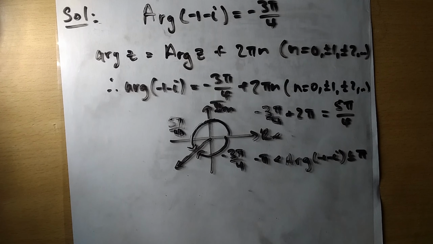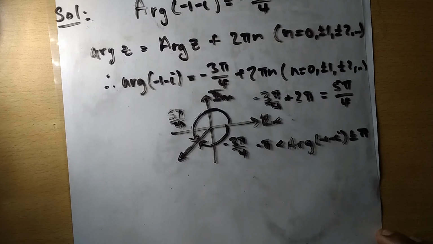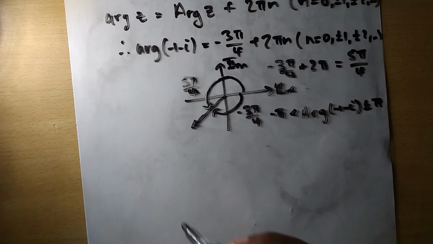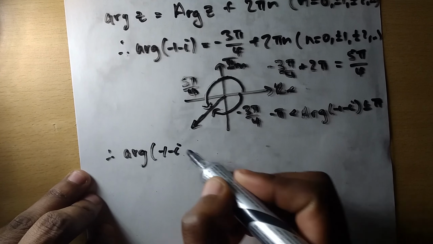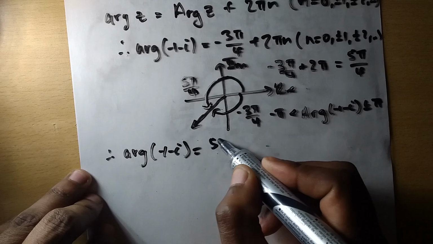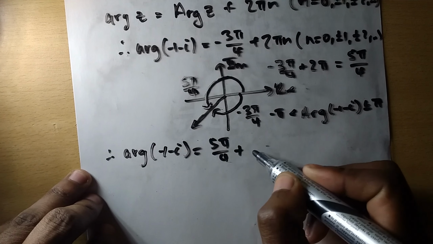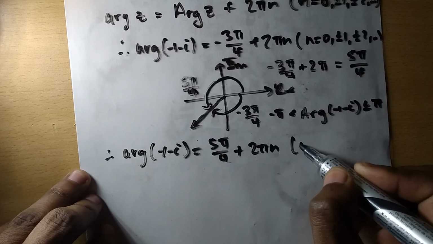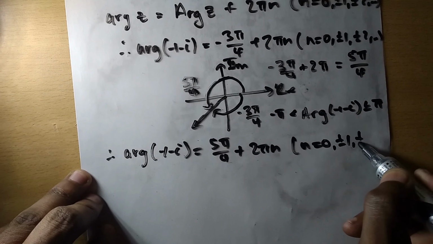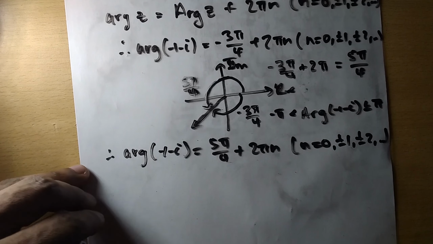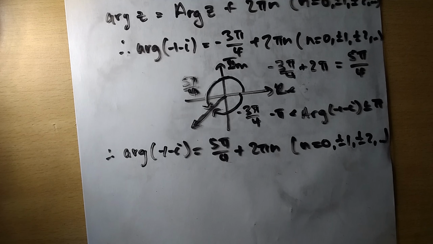Now we can say, since we want to have it as a positive, the argument of -1 minus i is equal to 5 pi over 4 plus 2 pi n, where n is equal to 0, plus or minus 1, plus or minus 2, and so on. So we can say that n is an element of the integers.